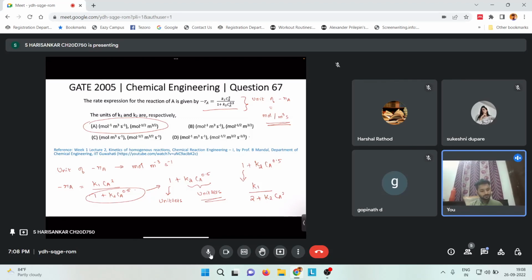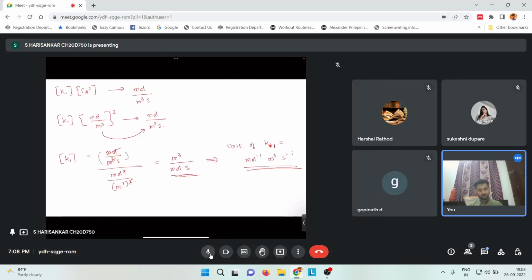Then again, this 2 is unitless. Basically, any number you see in the denominator of a rate equation should be unitless. I'll just write on a new page.